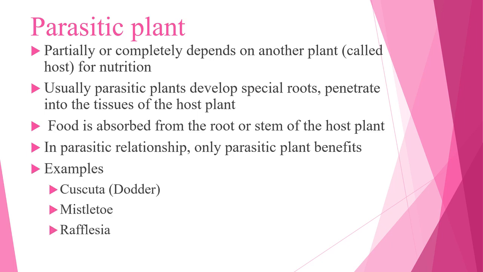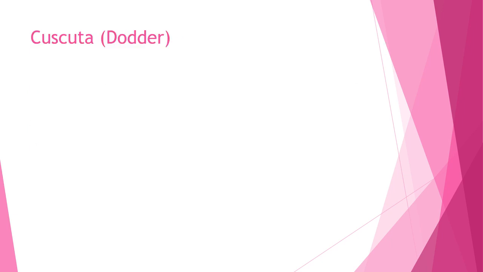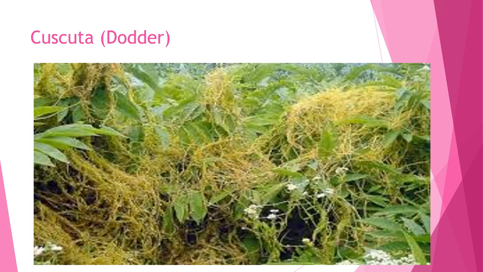Examples of parasitic plants are Cuscuta, Dodder, Mistletoe, Rafflesia. First example is Cuscuta or Dodder. Cuscuta is a non-green plant. It does not have chlorophyll and can't prepare its own food. Cuscuta has a short root and long thread-like stems.